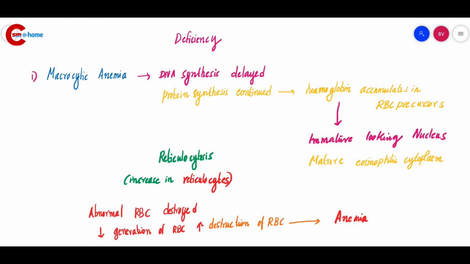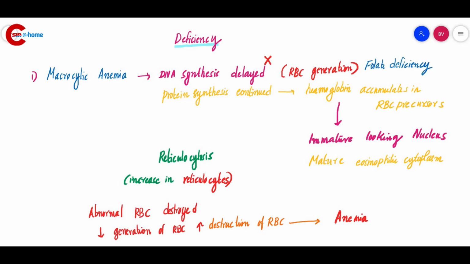Deficiencies. Macrocytic anemia. During RBC generation, if folic acid is deficient, what happens? DNA synthesis is delayed, but protein synthesis is continued.